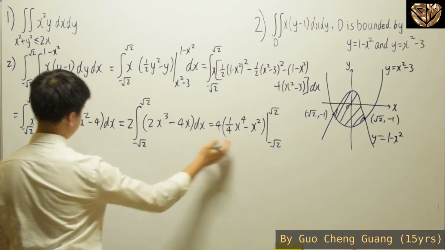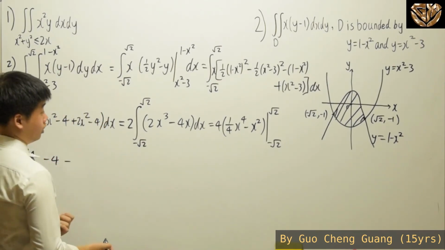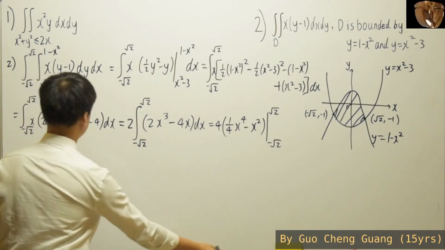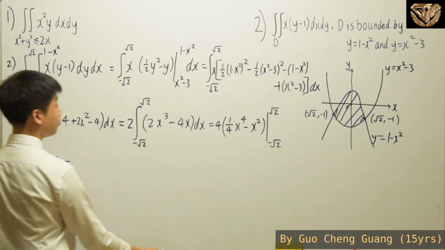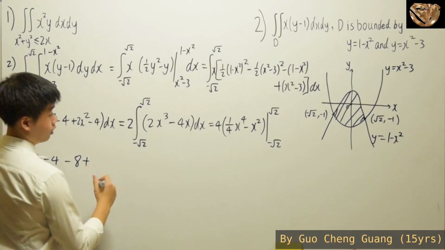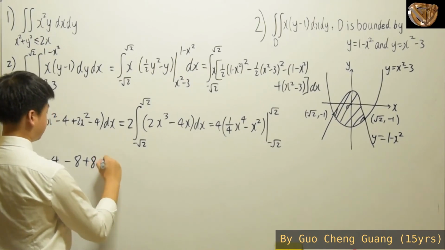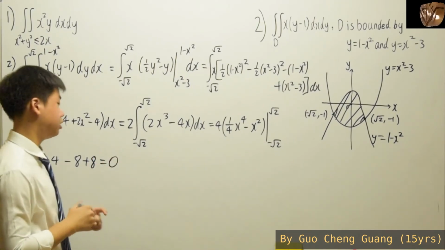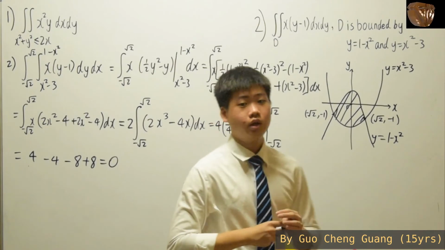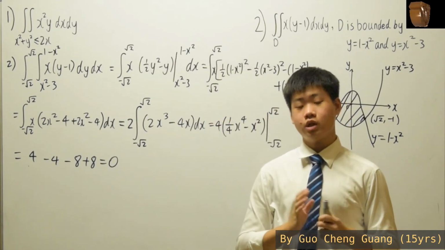And then when you put this in, it's also a 4, so just 4 minus 4. And then you'll have to subtract 8. Since minus a negative, you'll get plus 8, which is your final answer, actually just another 0.